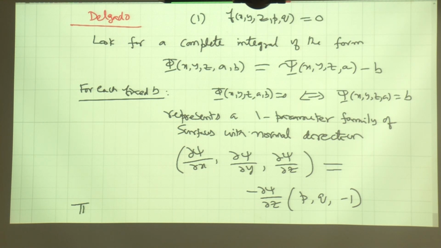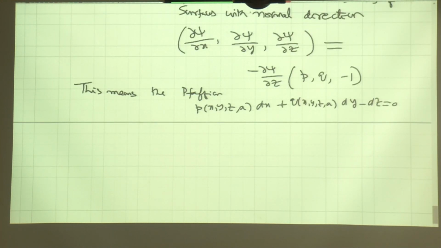So this means the Pfaffian small p of x, y, z, a dx plus q of x, y, z, a dy minus dz, so this Pfaffian is integrable.